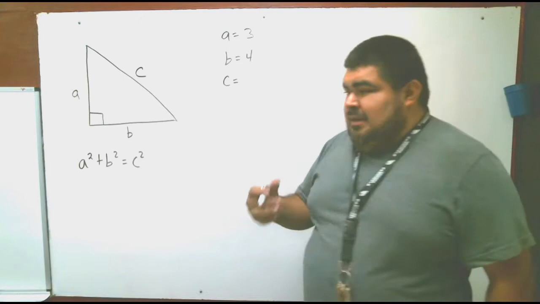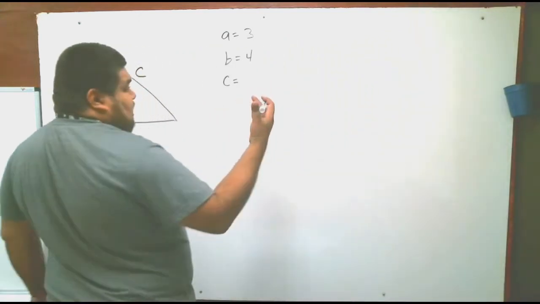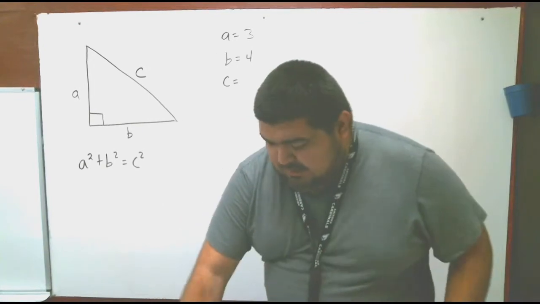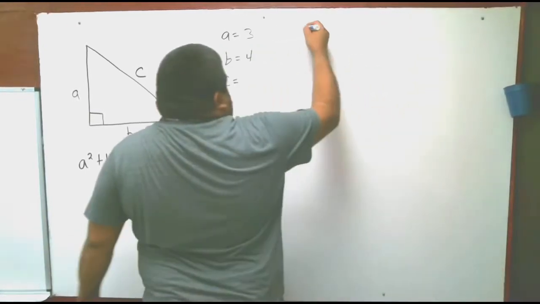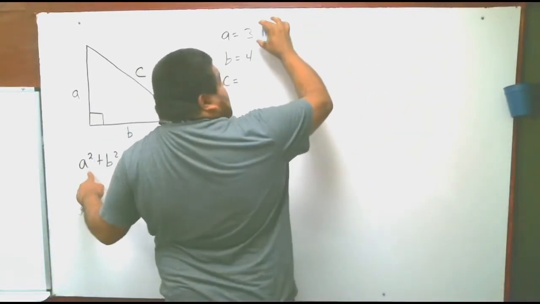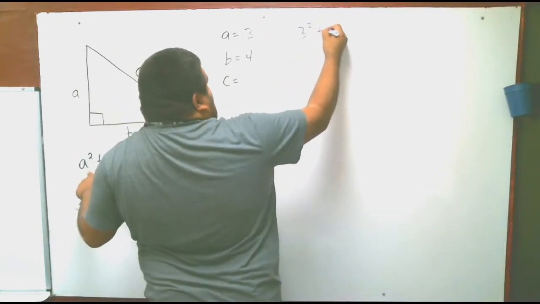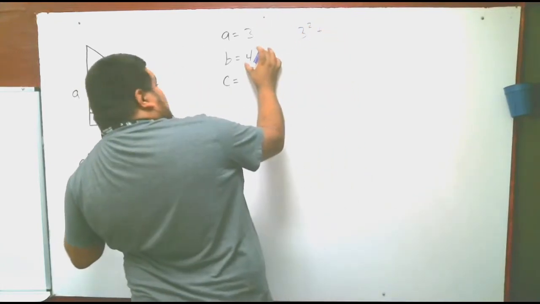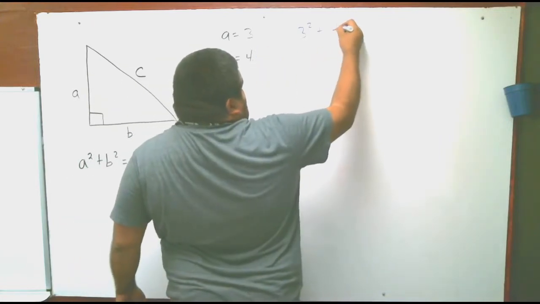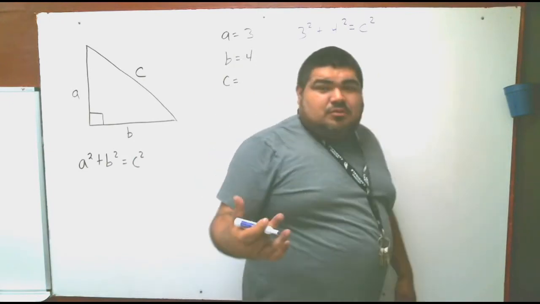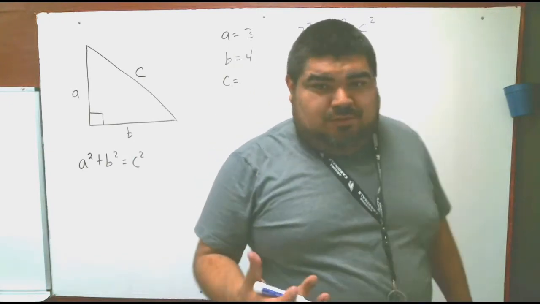We know what A and B equal, so the equation is A squared, which is 3 squared, plus B squared, which is 4 squared, equals C squared. We don't know what C is, so that's what we're trying to find.